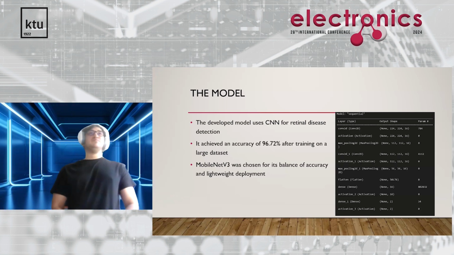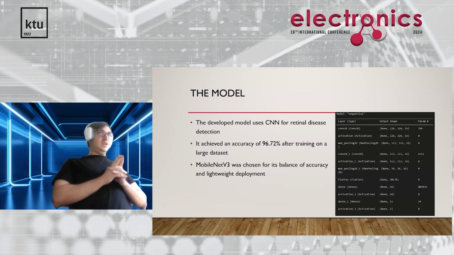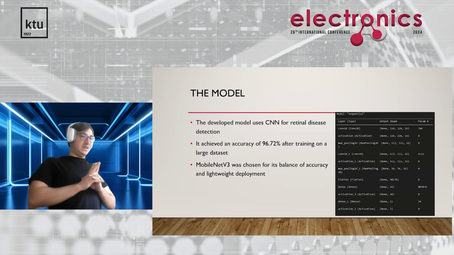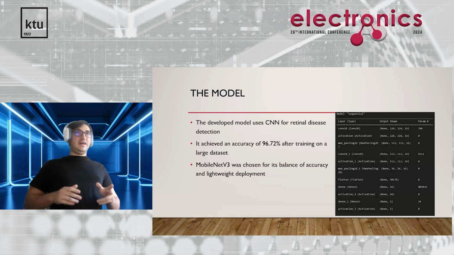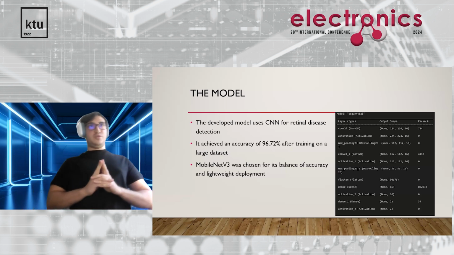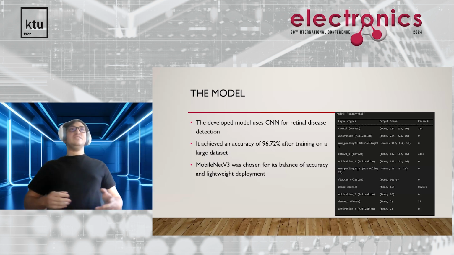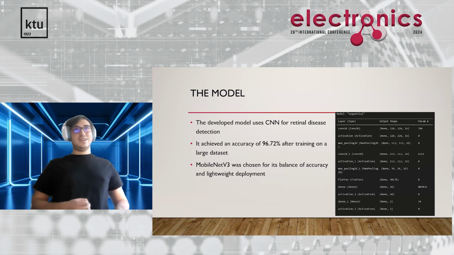And MobileNet was also one of the best candidates simply because we were trying to train our model on a Windows machine. This means that we are limited to TensorFlow 2.10, and MobileNet v3 works on 2.10. So it's a really good option for us.